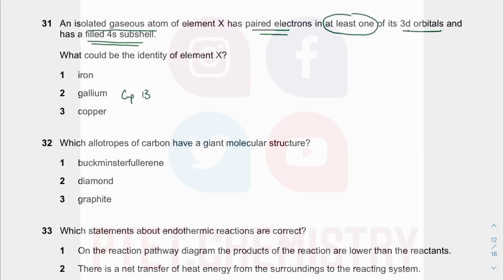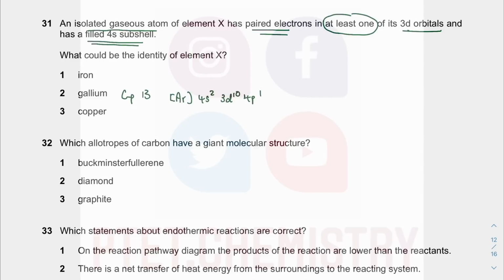So gallium is starting from argon. Then you fill in potassium and calcium, 4s2, and then 3d10, and then 4p1. Okay. You have paired electrons in at least one of its 3d orbitals, where you have a completely filled 3d orbital.